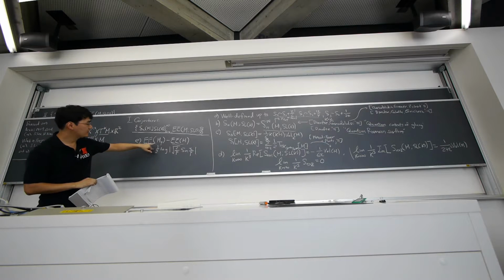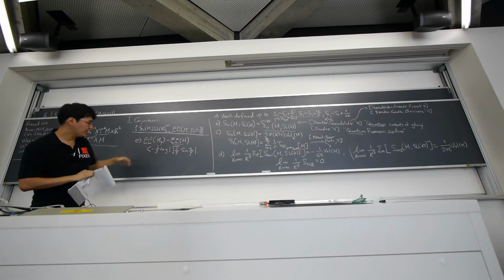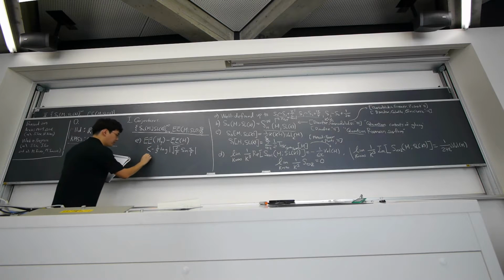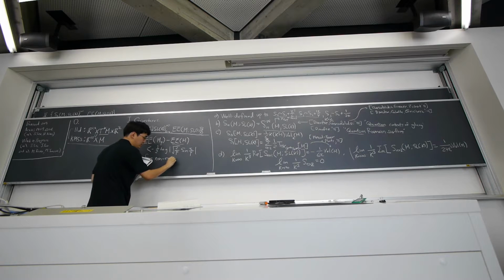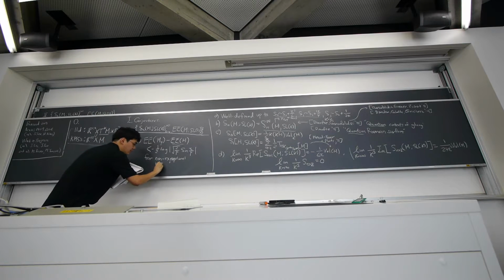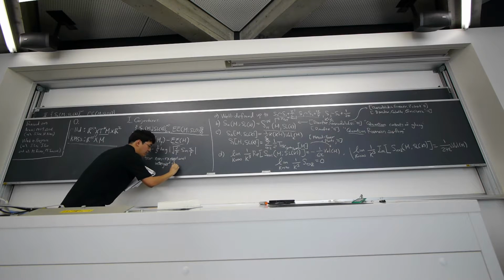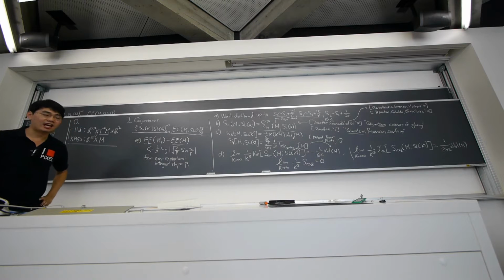This is a three manifold obtained by the Dehn surgery with the coefficient slope P, and this is true for non-exceptional P. Non-exceptional means that the resulting three manifold is still hyperbolic.